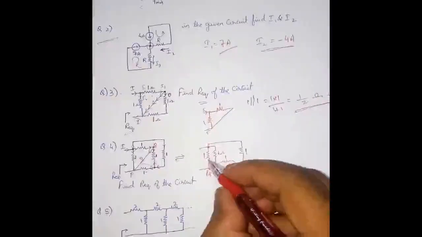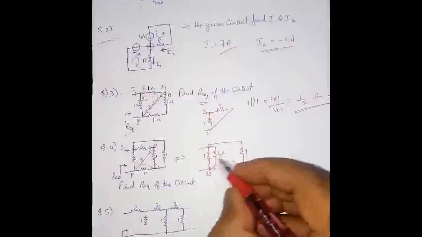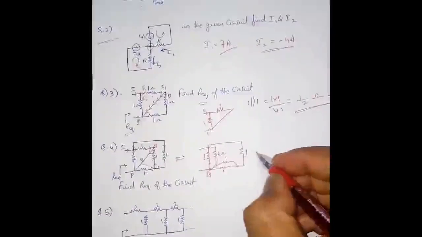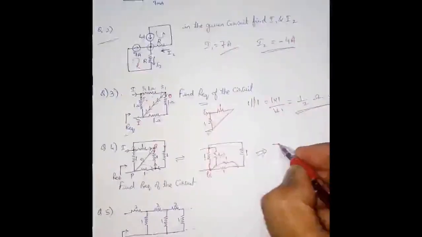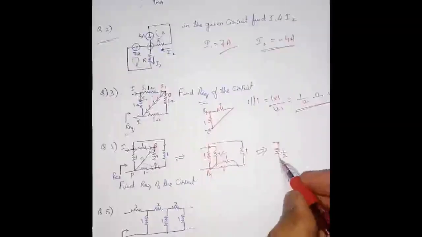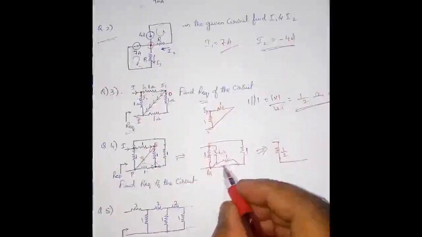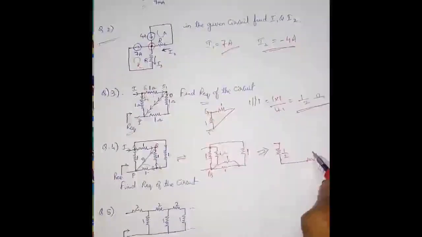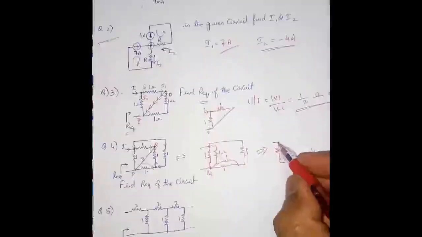So 1 into 1 by 1 plus 1 for parallel; I will simplify this and write it like this. This is going to become 1 by 2, the result of two 1 ohm resistors in parallel. Similarly, here also I have 1 ohm resistors, so that is going to become 1 by 2. This is 1. So this is the simplified circuit.